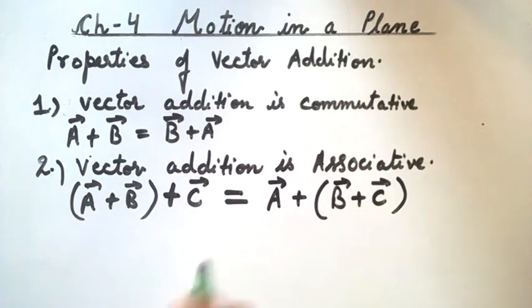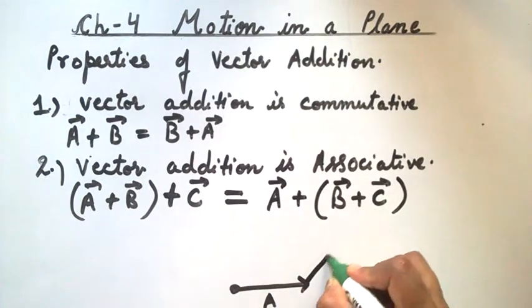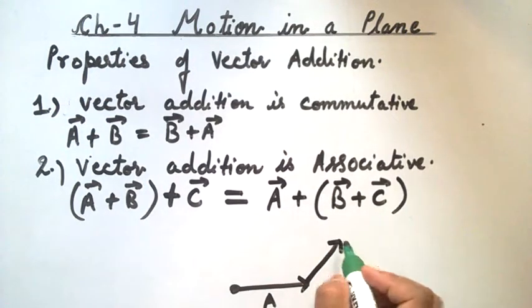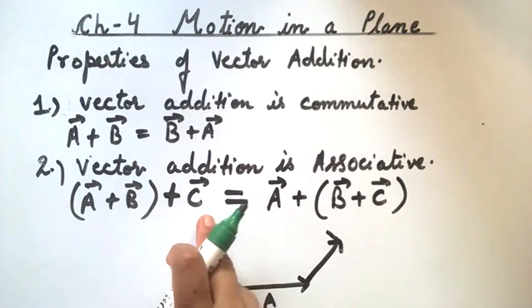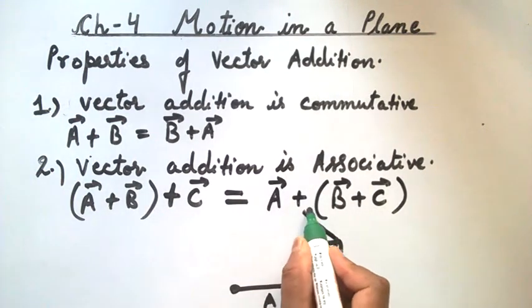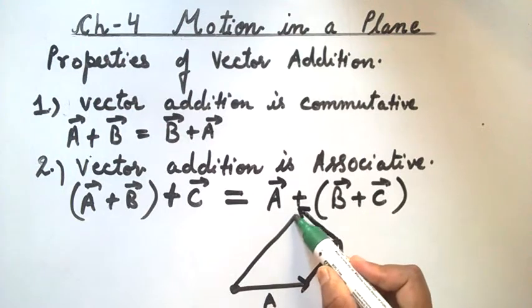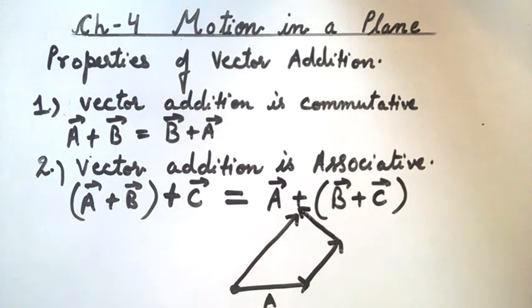This we can also draw. Let us suppose this is vector A and this is B vector. As there are three vectors, we can show it by the polygon law of vector addition, and this is its resultant, the closing side.